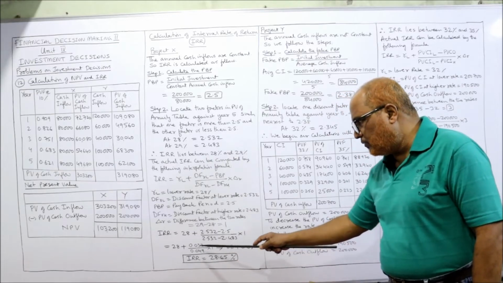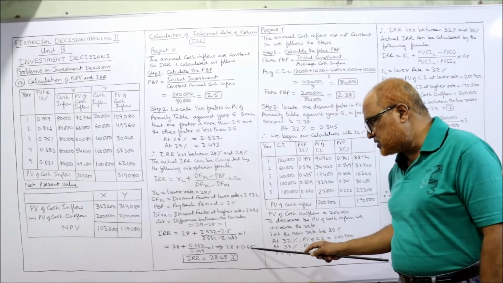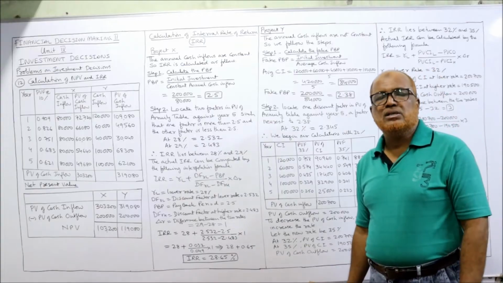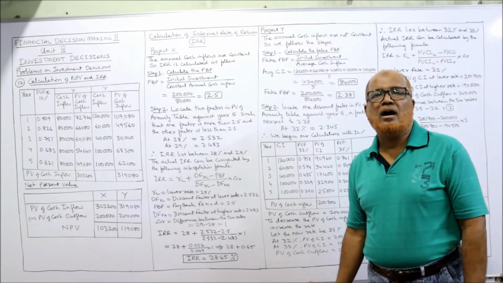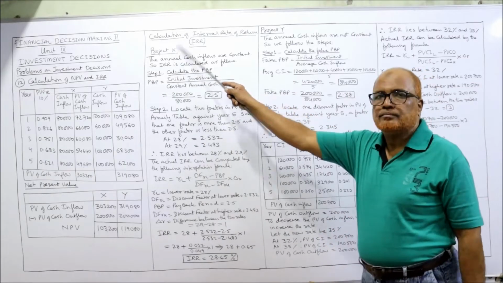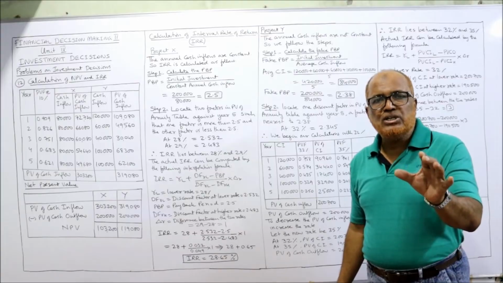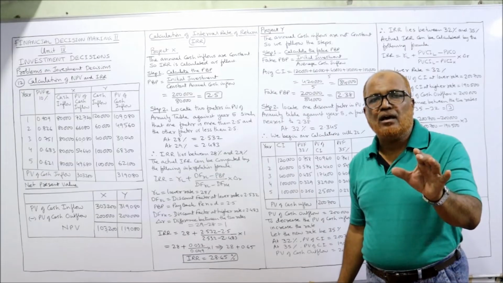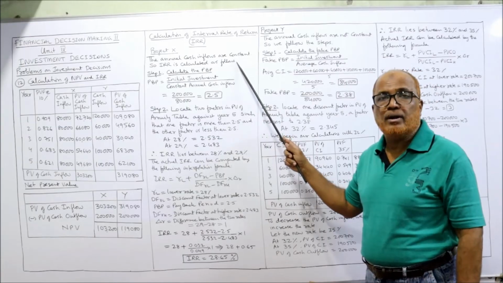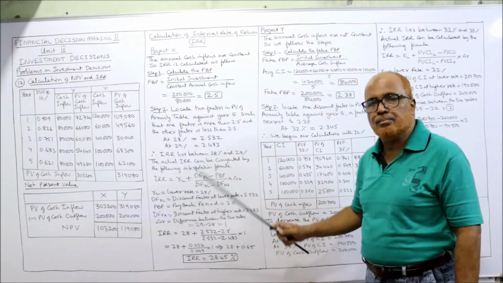Dividing 0.032 by 0.049, you get 0.65. So 28.65% is the IRR, internal rate of return, for Project X. This is the procedure of calculating the IRR when the annual cash inflows are constant. Remember this point.